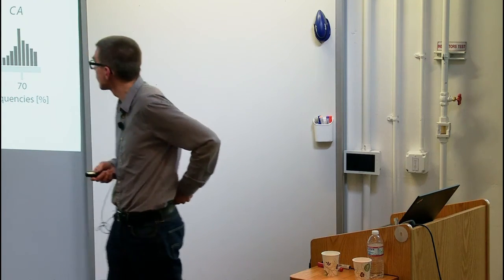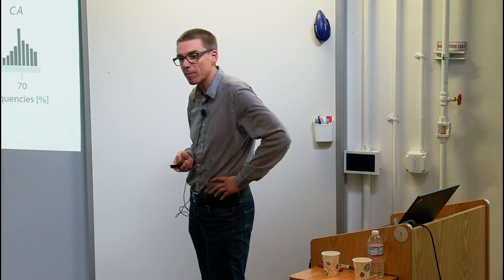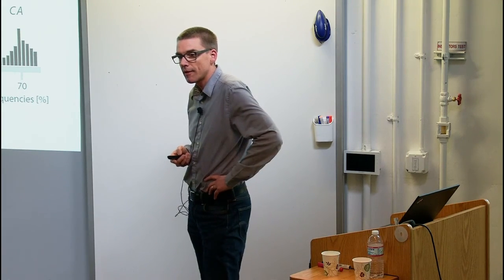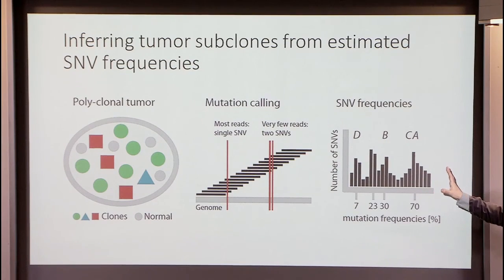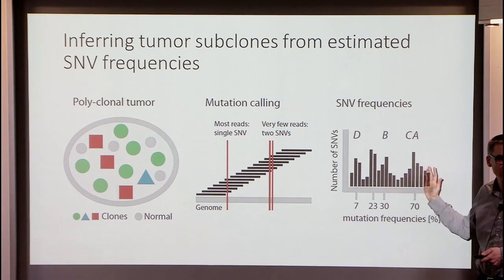So do you account for physical amplification issues in this model? Here I'm talking only about SNVs. But if you have a gene that's amplified 20-fold and it's mutated, then it's going to look like a different clone. Right. So let's say you do that in a region where you have only a single chromosome, or where you know the copy number state. Only then is it meaningful to pool the SNV frequencies.